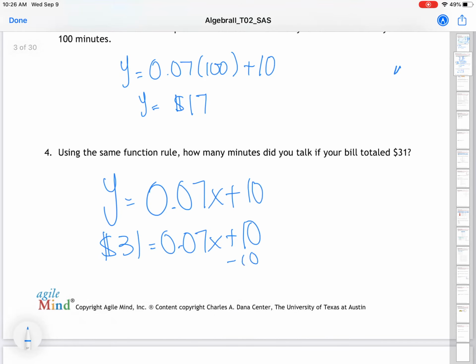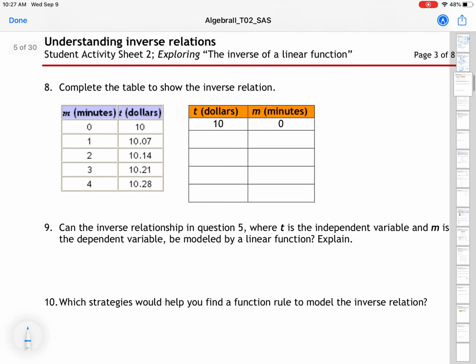So x is 300 minutes. So I can talk on my phone for 300 minutes and only spend $31. You're supposed to do 5, 6, and 7 for homework. I'm going to check when you come to class tomorrow.